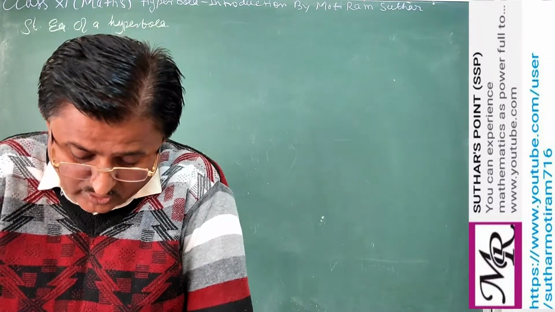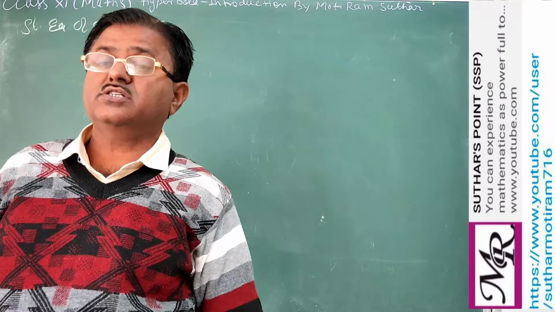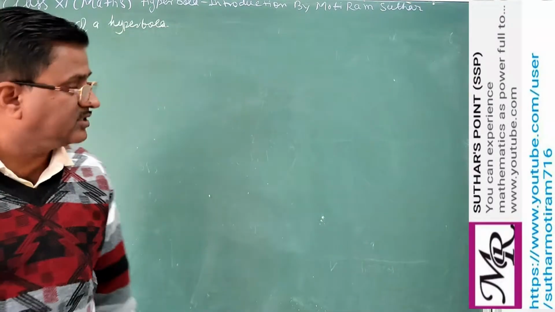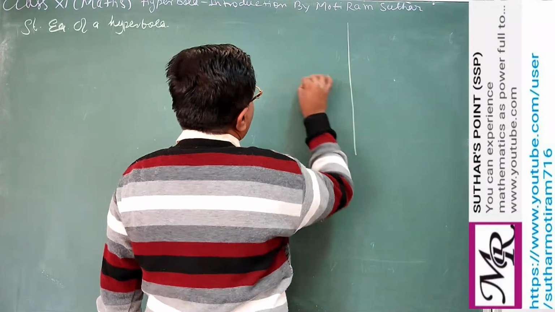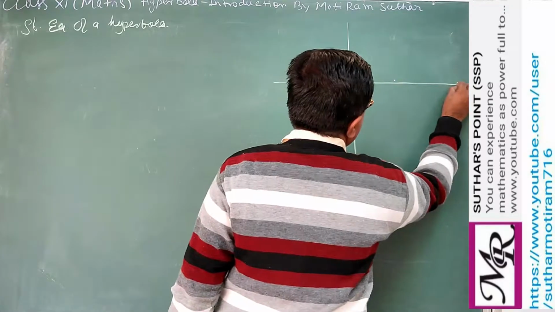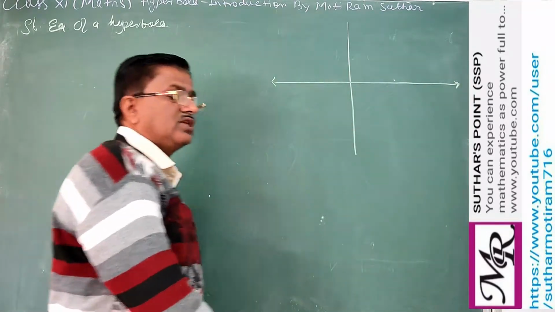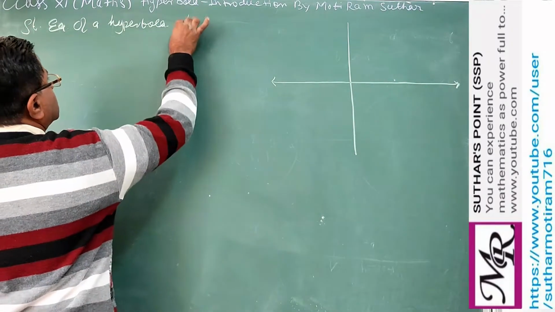In your syllabus, the equation of a hyperbola is simplest. Why simplest? Because the center of the hyperbola is at the origin. We are taking the hyperbola whose transverse axis is along the x-axis.